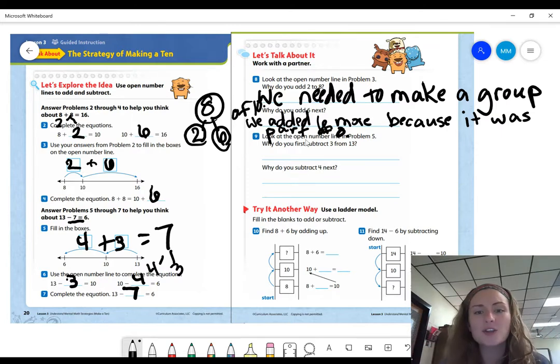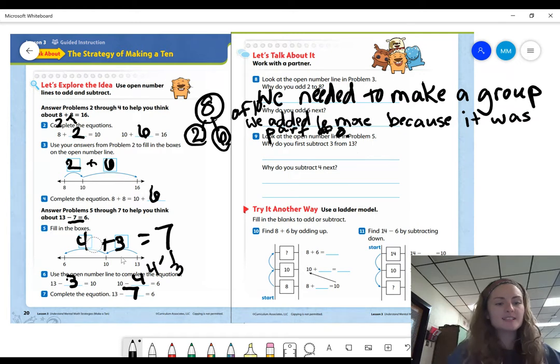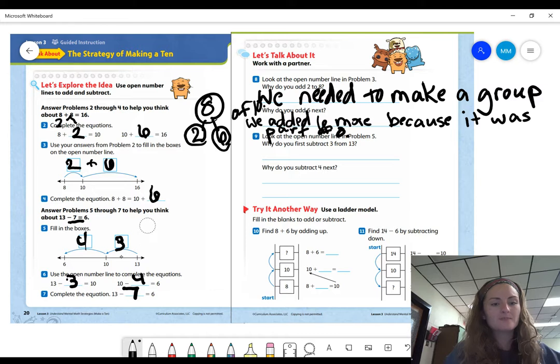All right, it says, look at the open number line in problem 5. Why do you subtract 3 from 13? Talk to your grown-up, talk to your lamp, talk to your kitchen table, talk to your pet squirrel. Tell them, why did we take 3 away from 13? And I'm going to clean this up a little bit.